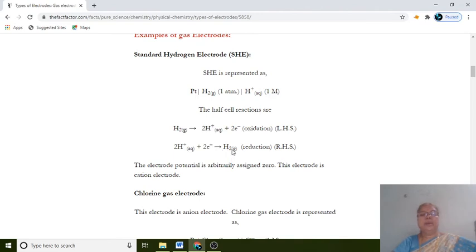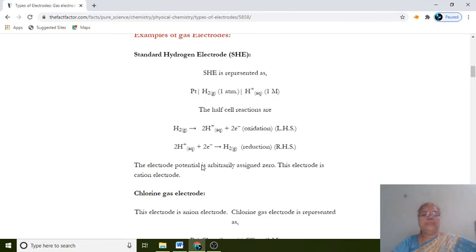H2 is the reduced phase, while H plus is the oxidized phase. Then the electrode potential is arbitrarily taken as 0. We have seen this in the last lecture.